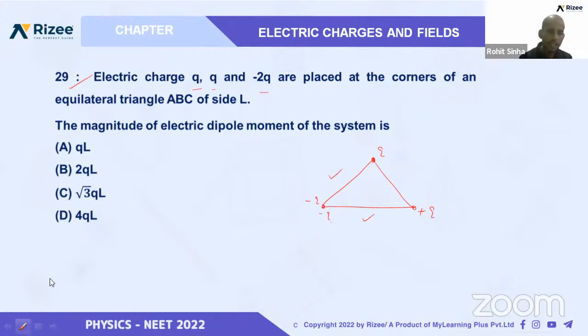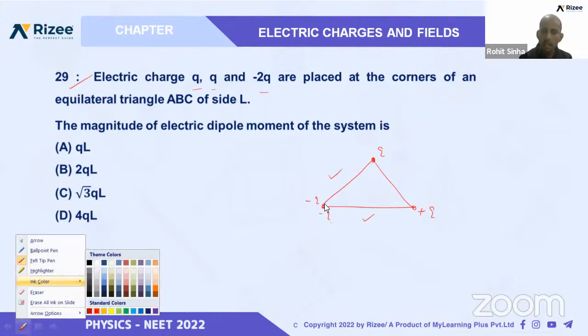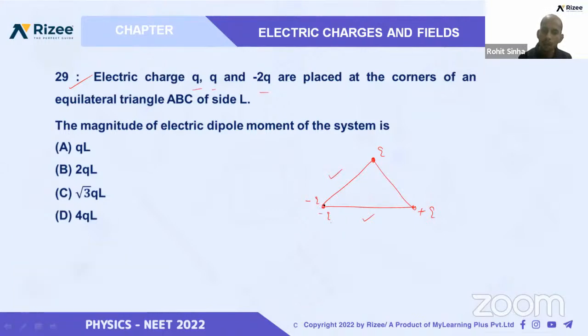So we will get two dipoles, and we know dipole moment is from minus Q to plus Q. One dipole moment will be along this direction, another along this direction, and P is equal to Q times d, and the side is given as L. So it will be Q into L. Angle is 60 degrees, and you can find the resultant.